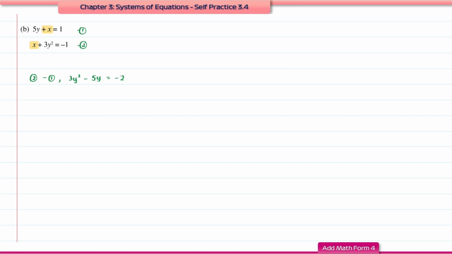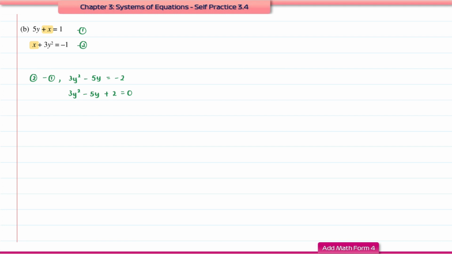And next move this negative 2 to the left hand side. You're going to have 3y squared minus 5y plus 2 equal to 0. So therefore, you already have the quadratic equation in general form by just subtracting equation 1 from equation 2.